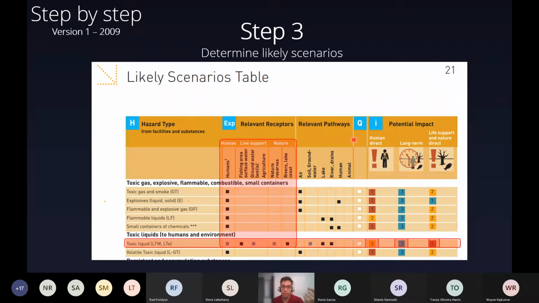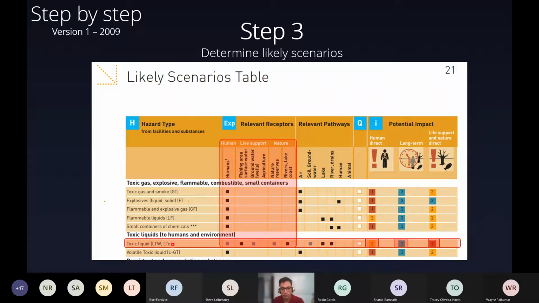The relevant pathways include air, soil, groundwater, lakes, river drains, human and animals, because both humans and animals can be pathways when there is a bioaccumulative effect and other effects from specific chemicals, and then the potential impacts are organized depending on the priority.